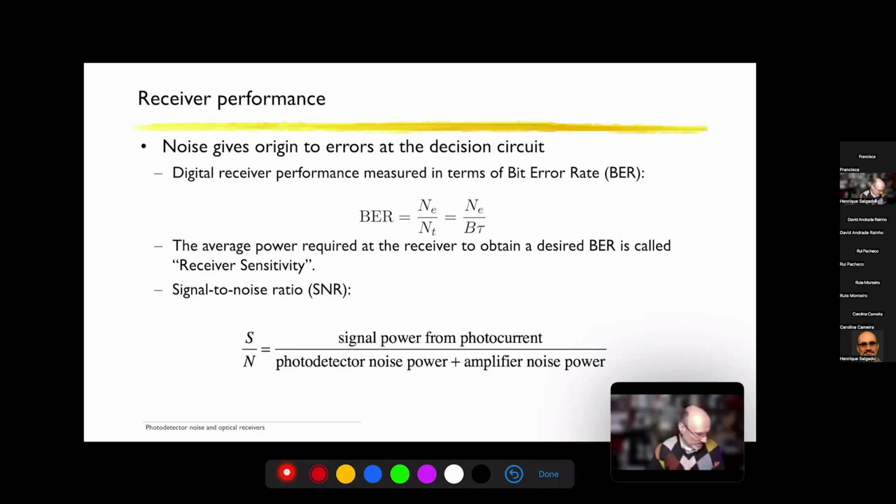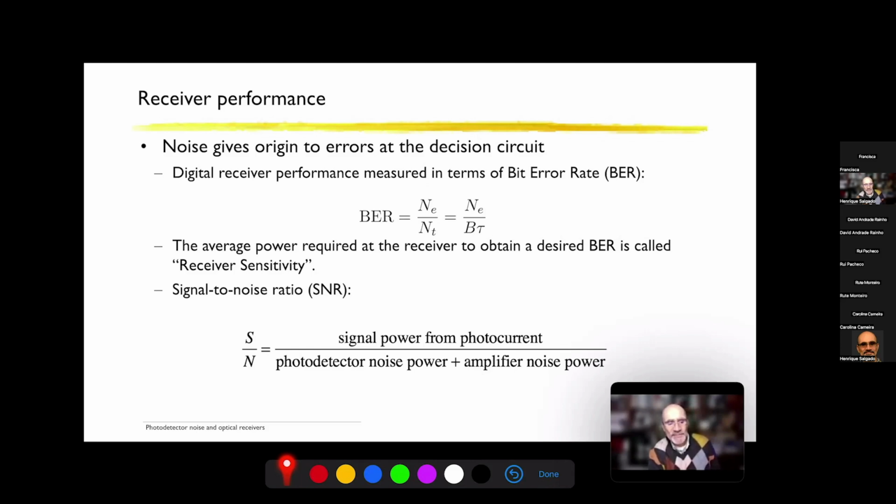So this equation here, okay? The number of errors over the total number of bits being transmitted. And the total number of bits being transmitted is the bit rate times the total time that the measurement has been done.